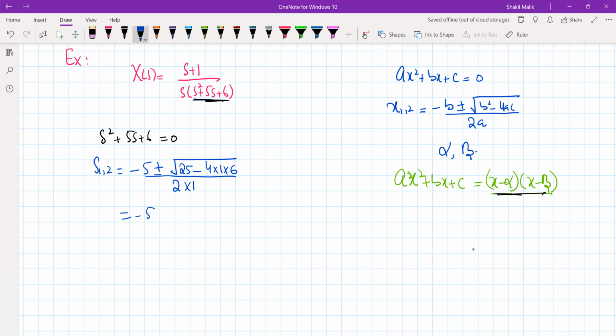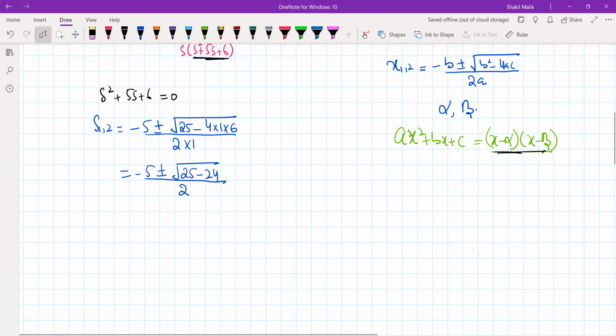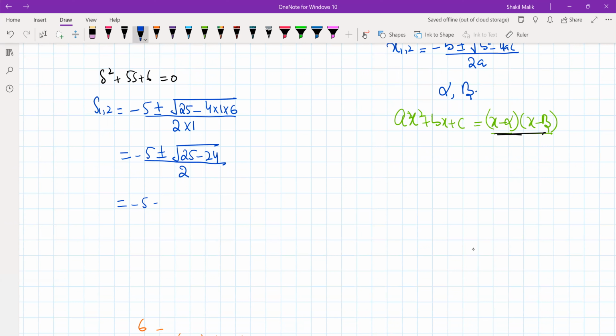So this will be minus 5 plus minus the square root of 25 minus 24, divided by 2. Then this is equal to minus 5 plus minus 1 divided by 2.